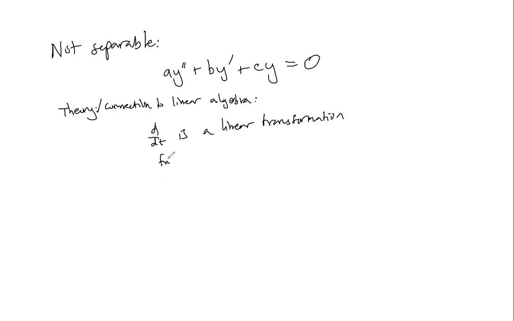But now it's going from the vector space of functions, say from R to R, back to V. Sometimes we put some quantifiers on these functions, so we can say continuous functions or smooth functions or differentiable functions.